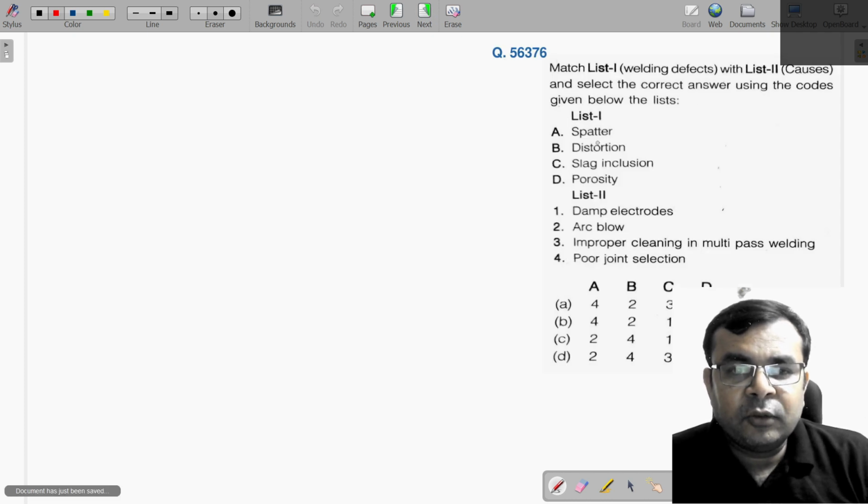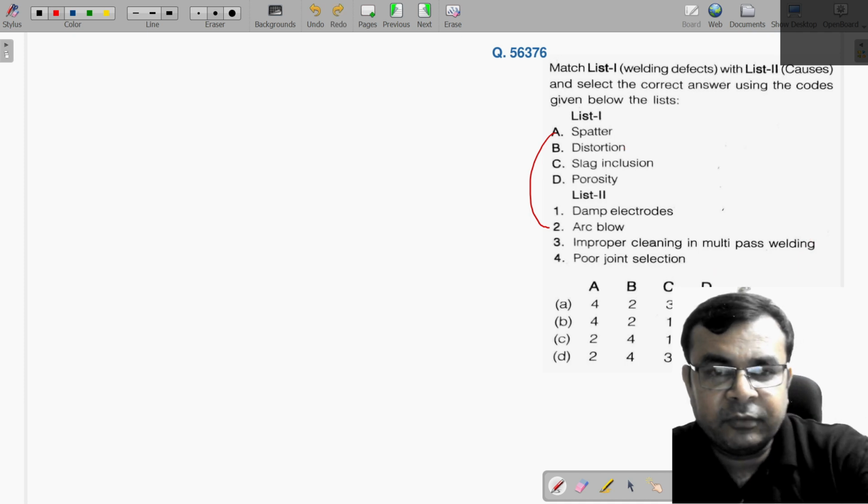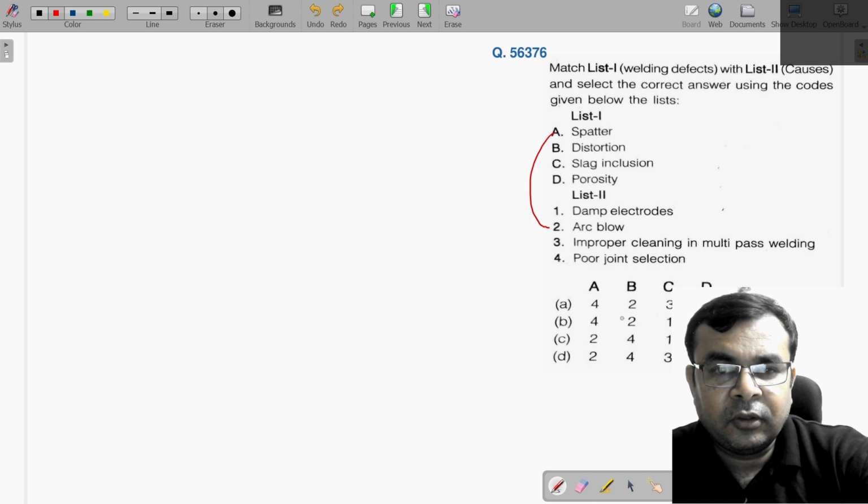Match list 1 and list 2. Spatter, arc blow, distortion, poor joint selection. So B4 or A2.